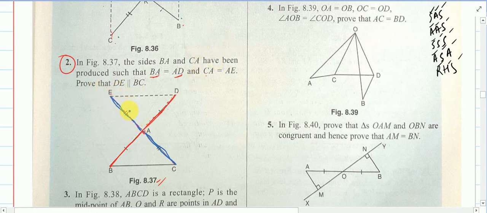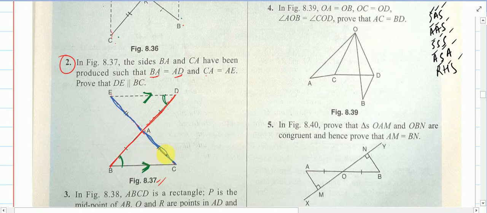Then what are we supposed to do? We have to prove that ED is parallel to BC. Now in order to show that ED is parallel to BC, we are supposed to show this angle is equal to this angle.